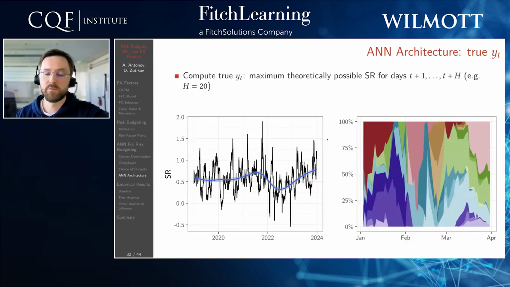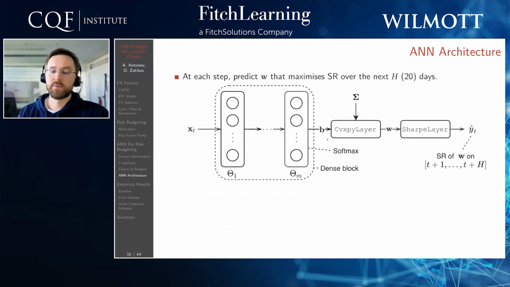Here on the right panel, you see an example of portfolio composition corresponding to the max Sharpe ratio portfolio. You can see that the composition isn't particularly stable. It varies over time, and we suppose that's due to the nature of the problem partly, and partly to the small sample size.